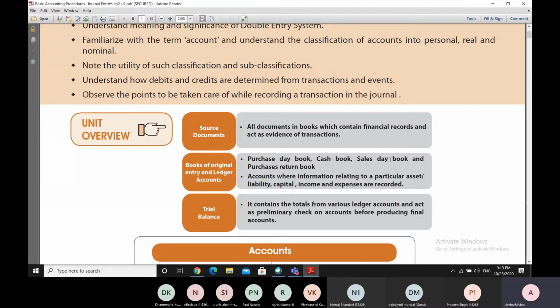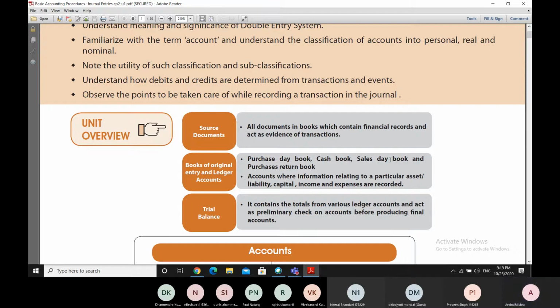And of course, the trial balance is the totals of the various ledger accounts that we have already prepared. And so we prepare the trial balance statement from the ledger accounts. Trial balance is a statement that contains the totals of all the ledger accounts which are listed there in the trial balance.